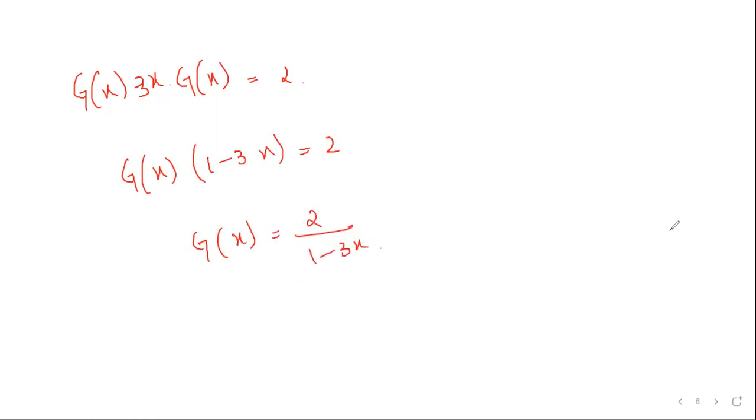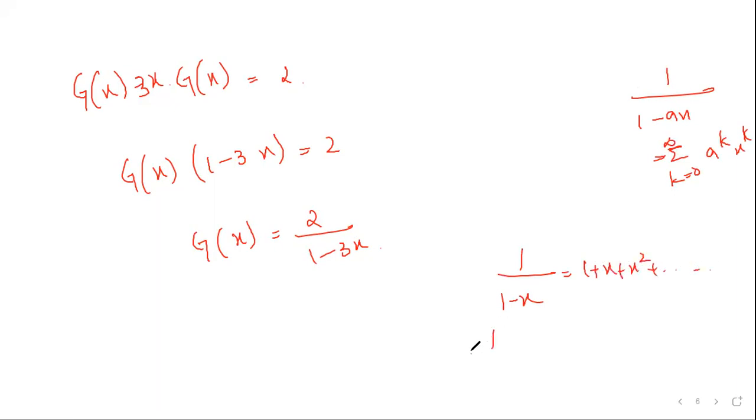We have studied earlier, in the earlier session, that 1 by 1 minus ax is equal to the sum from k is equal to 0 to infinity of a power k x power k. We know that 1 by 1 minus x is equal to 1 plus x plus x square and so on. So 1 by 1 minus ax is equal to 1 plus ax plus a square x square plus and so on.